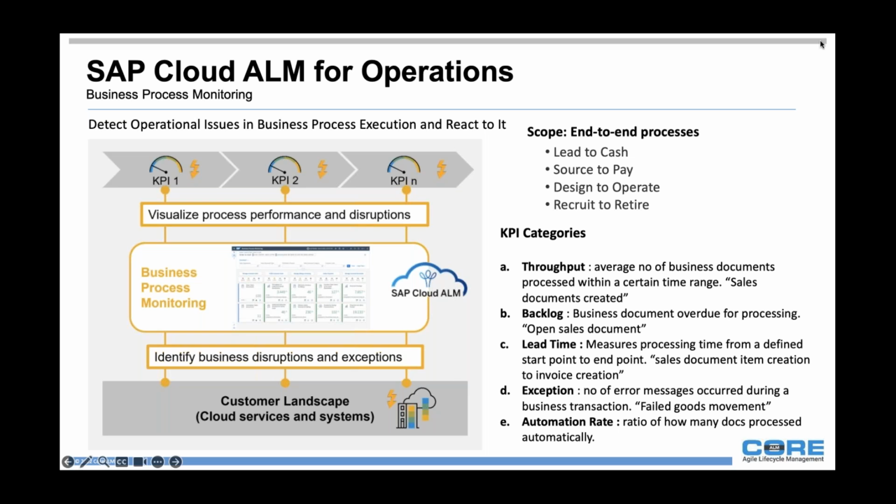So you could have throughput. Throughput is like if you want to see the volumes or quantity of which process you're currently using and how many documents are getting posted. So to identify why this many documents are being posted, is there any issue in those throughput areas?